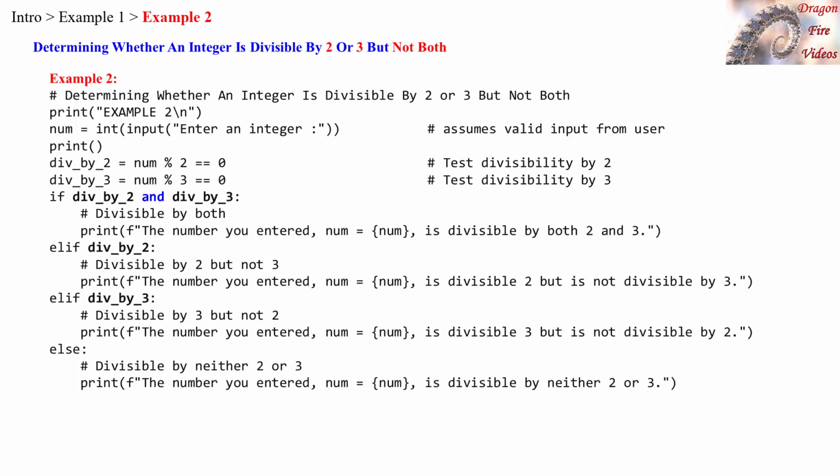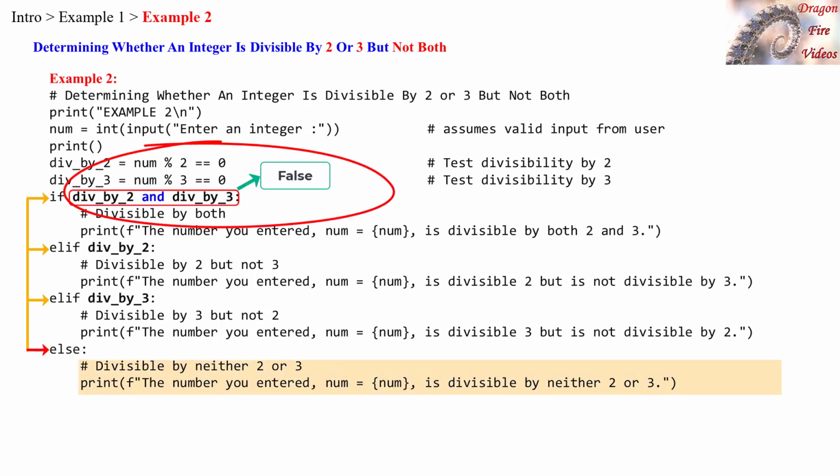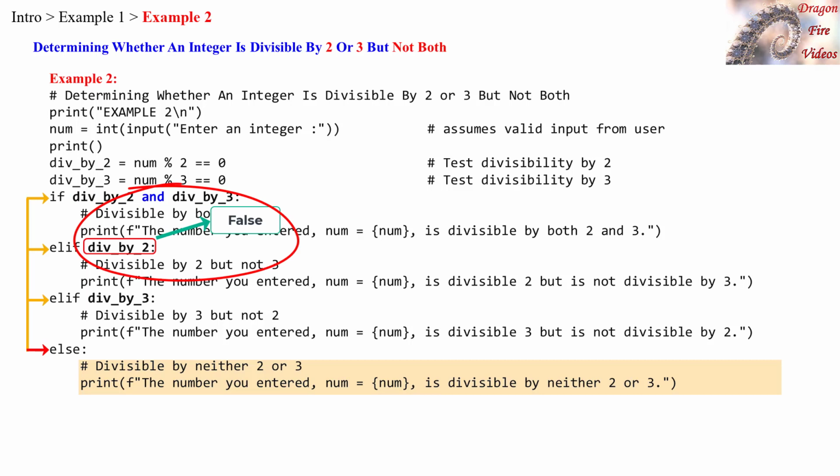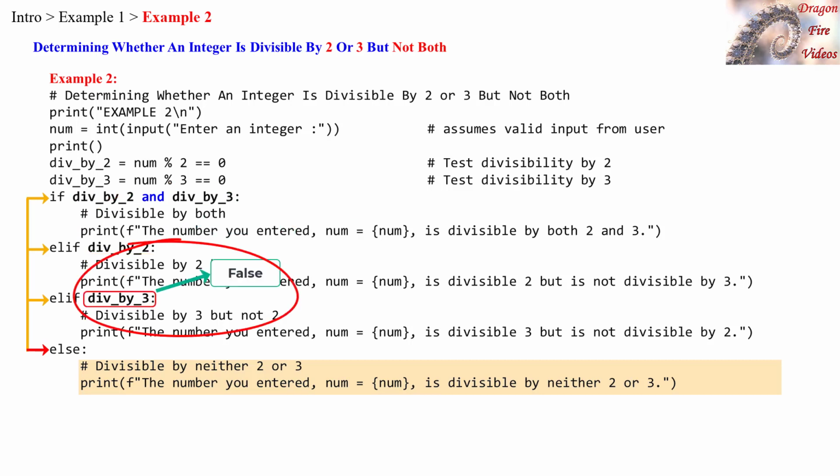In fact, that's really the basis of our next example. We'll actually flesh that out explicitly. And then we look at the final case, else, when we go through the logic. So let's see. It's not divisible by both. It's not divisible by 2. And it's also not divisible by 3. Well, that leaves us one and only one case. It has to be divisible by neither 2 nor 3.